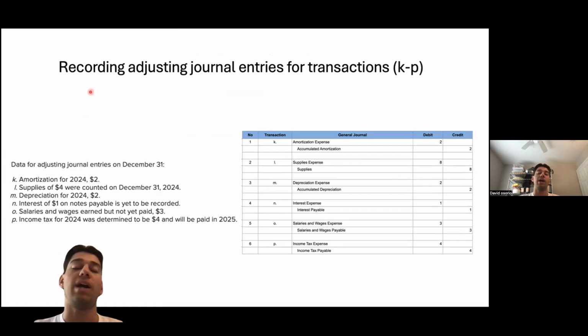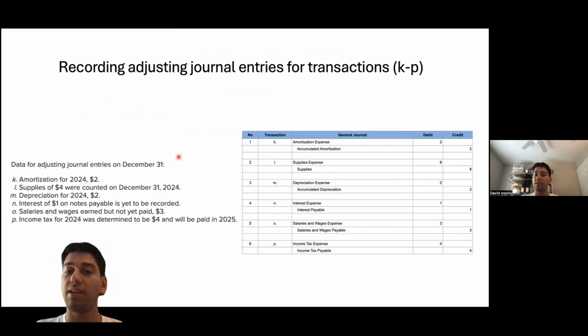And then at the end of the year, we have to record adjusting journal entries for things used up or expenses that we need to record. For example, we have amortization for 2024 of $2.